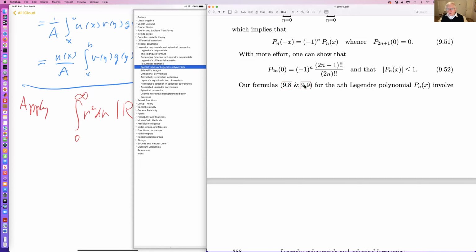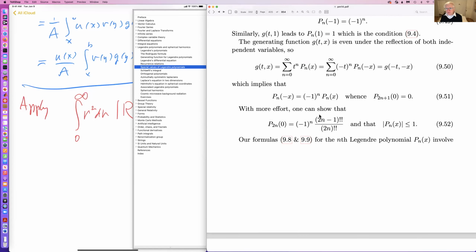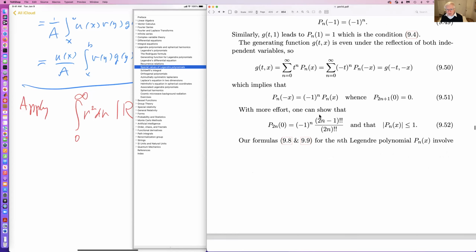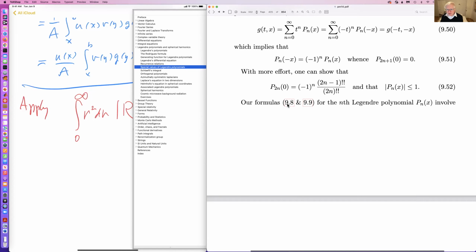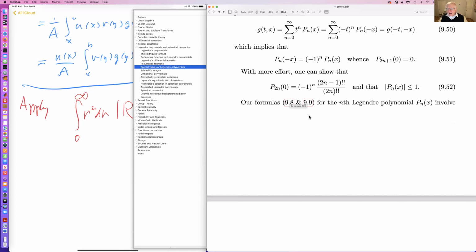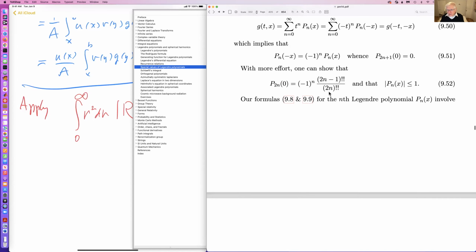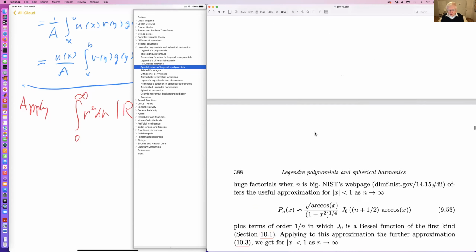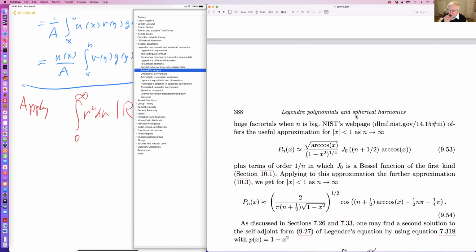Notice one thing, though, that these Legendre polynomials, at least these formulas for the Legendre polynomials, involve big n factorials. In other words, if n is, say, 20, then you've got things like 20 factorial occurring, or in this case, double factorial.